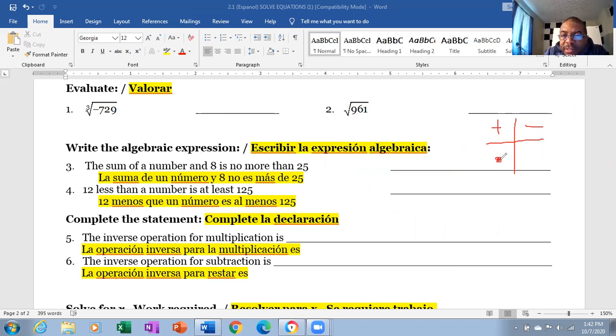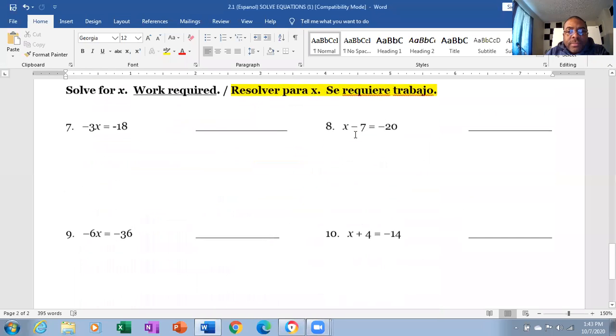Here's multiplication, the inverse is division. The inverse operation for subtraction is addition. Okay, good. Hopefully you figured that out because I'm not helping you out all the way now. I'm just kind of guiding you.